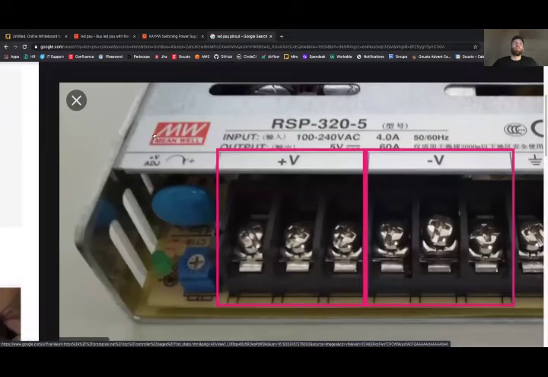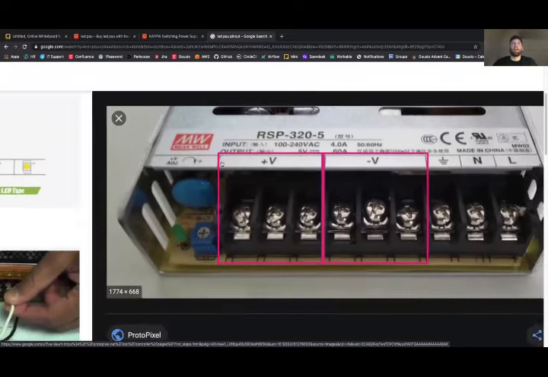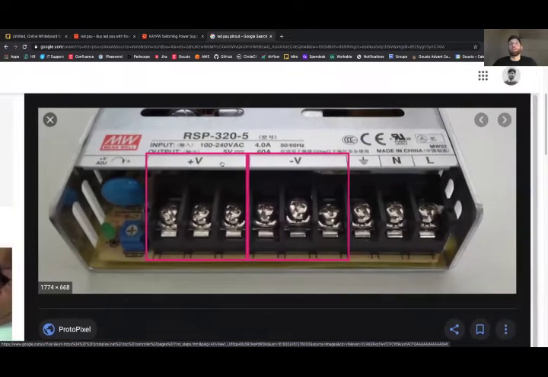Incidentally, Meanwell happens to be the brand of PSU that I've had the most success with. They're much, much more reliable than other brands. They're roughly 4 times the price of the cheapest PSUs, but they will last way more than 4 times as long. So well worth the investment to get Meanwell.